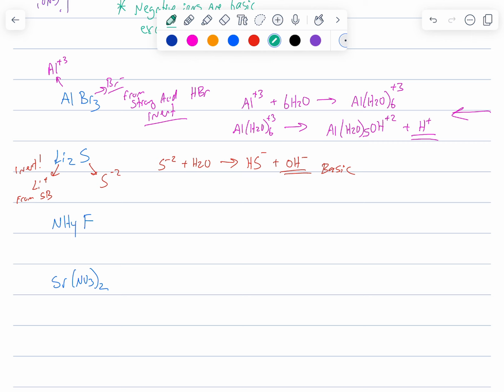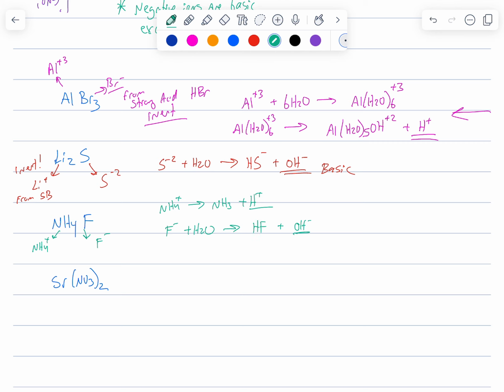For the next one, ammonium fluoride, we have NH4+, we have F-. Neither of these two ions is derived from a strong acid or strong base. So neither of them are inert. We have ammonium, which if you recall from earlier, we said you just have to memorize as an acid. Well, there's it forming H+. Fluoride, being a negative ion, should react with water to produce hydroxide, and to do that, it takes up the H+.